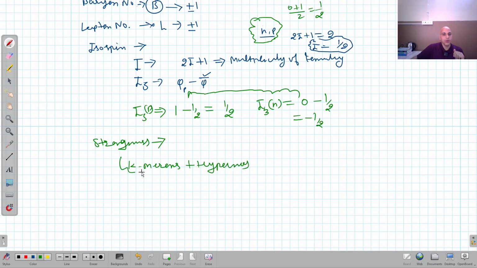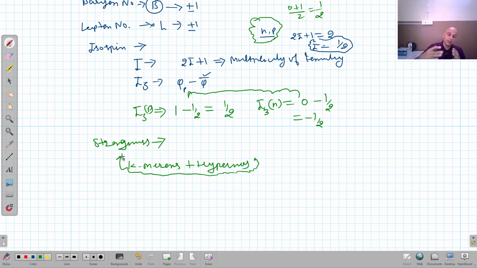These particles are called strange particles because they do not fit in the theory of other elementary particles. Their behavior is totally different, right? The one thing that is peculiar in this case is that they are always produced in pairs.